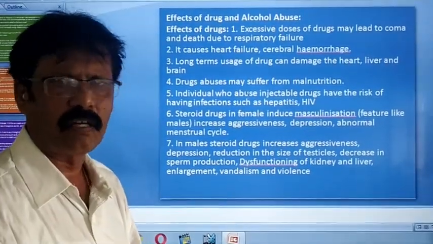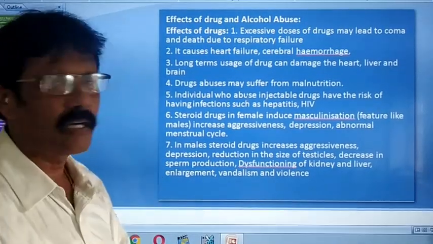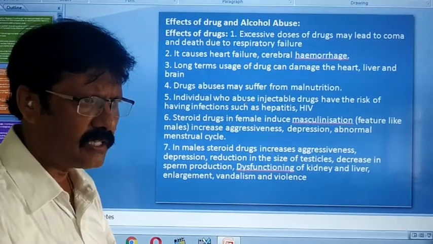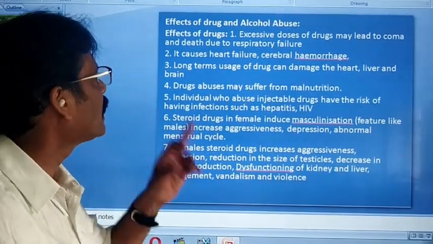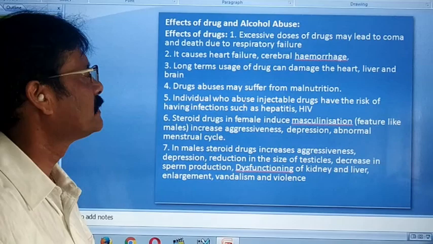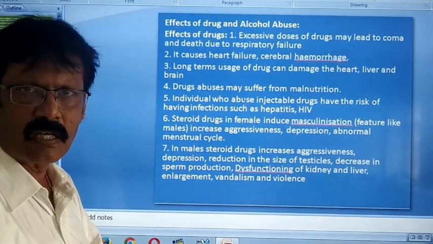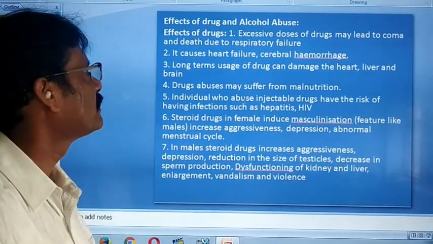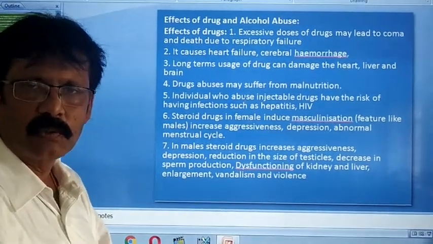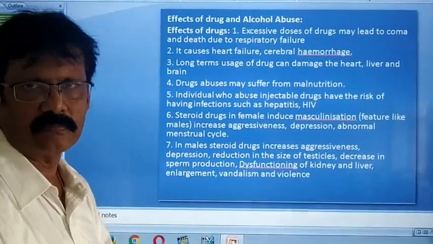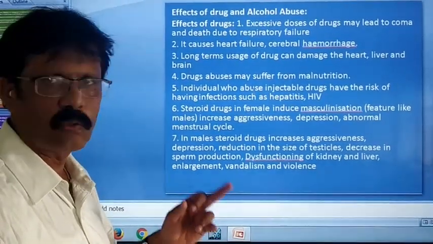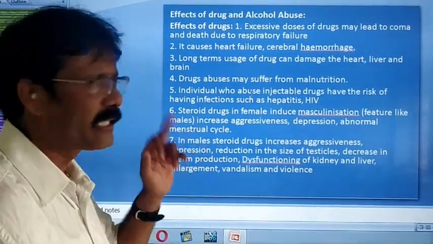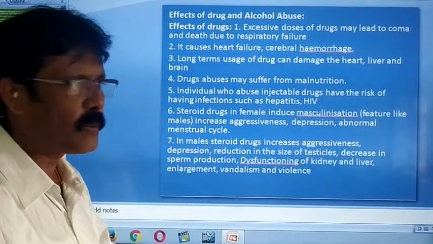Next one is the effect of drug and alcohol abuse. What are the effects? Number 1, effects of drugs: an excessive dose of drug may lead to coma and death due to respiratory failure.